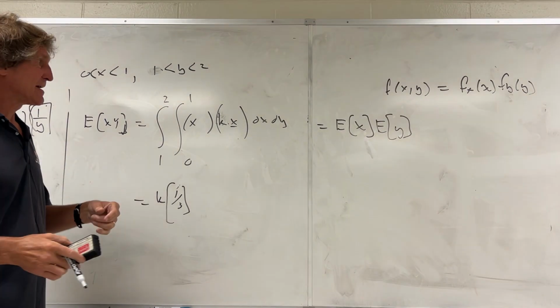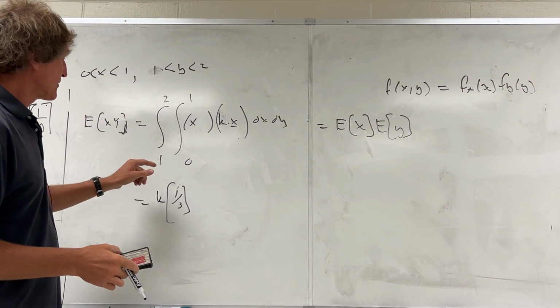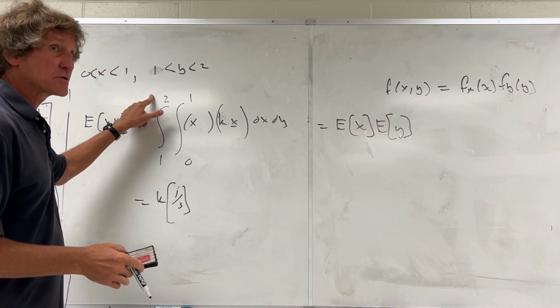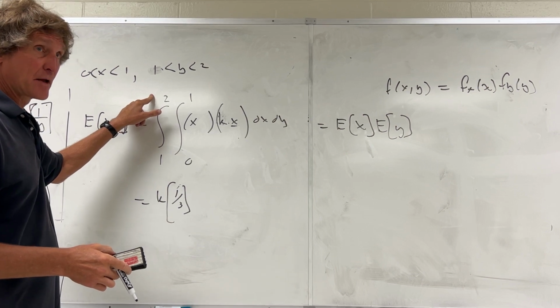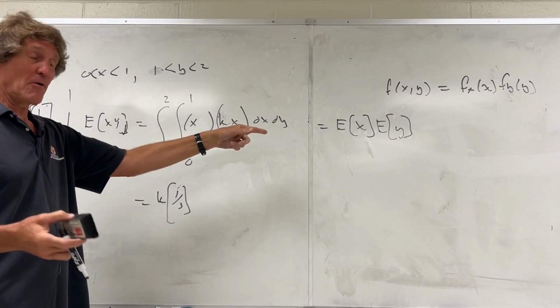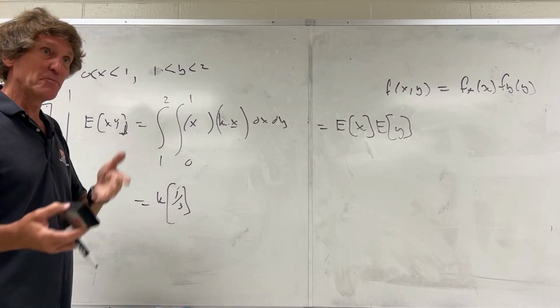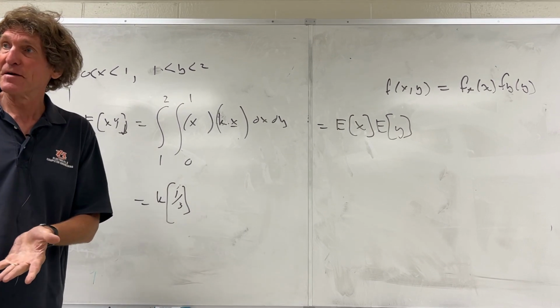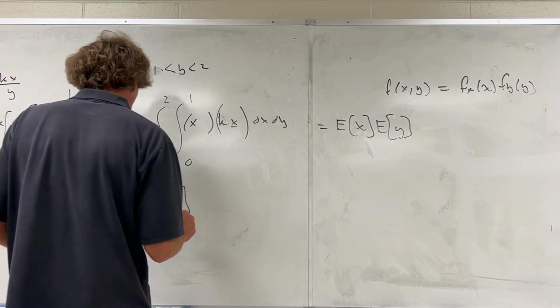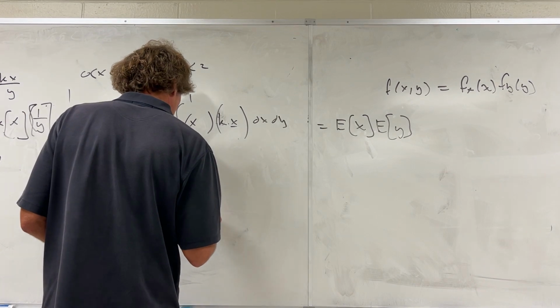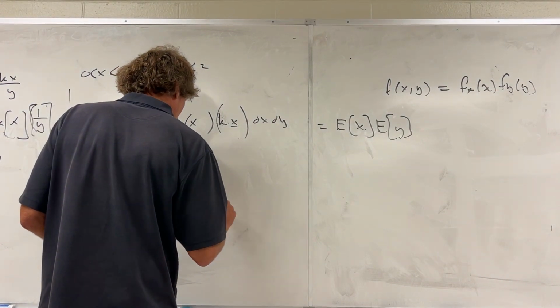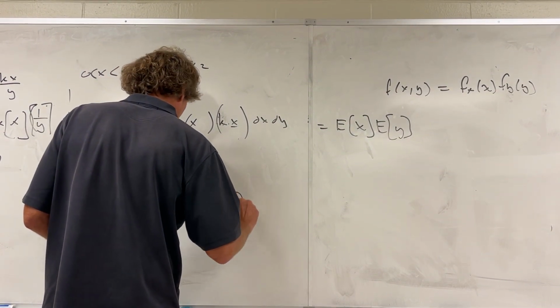Now I integrate dy, I get y from 1 to 2, which is just 1. Do you all agree with that? If you integrate dy, you get y evaluated from 1 to 2, which is 2 minus 1, just 1. Do you all follow me? All right, and that's k, and that would be the expected value of xy.